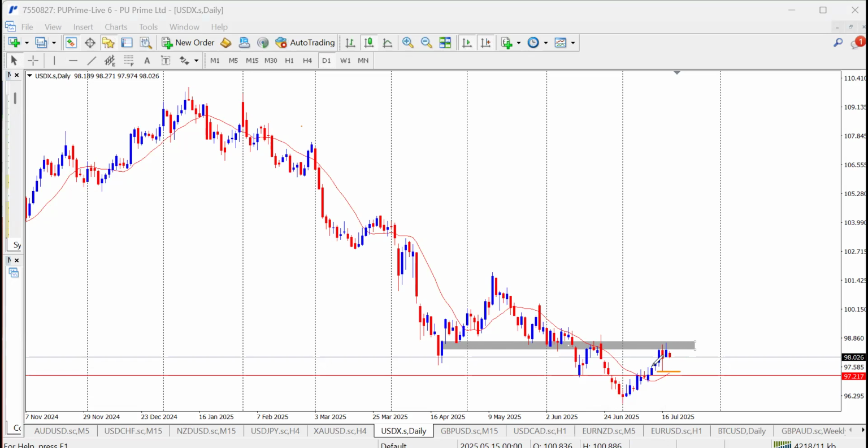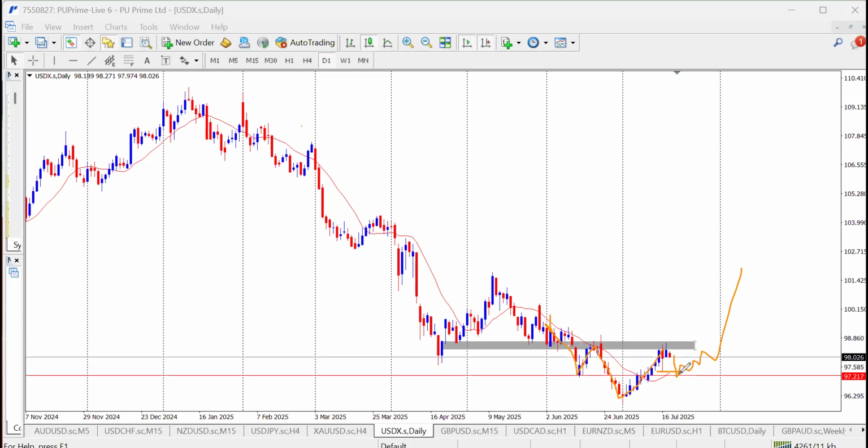So our anticipation is that the market drops down into 97.217 region before we see continuation to the upside. Because if you look at it, this market is trying to form support, inverted head and shoulder.